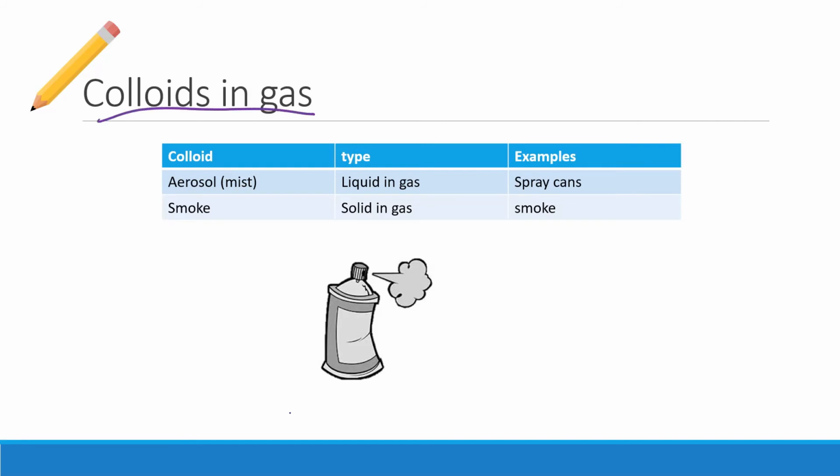You can get an aerosol, which is a mist, which is a liquid in a gas. An example is spray cans. If you guys use Lynx body spray or Axe or anything, then this would be a spray here, but also something like even toilet spray would be here. Yeah, I'd like you to write this down if that's okay.